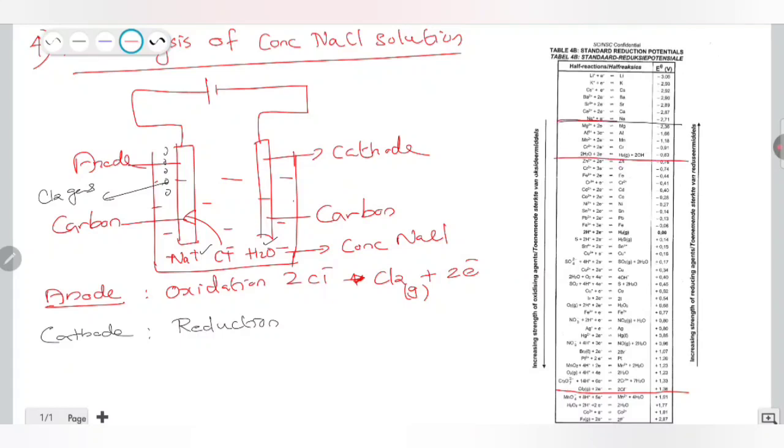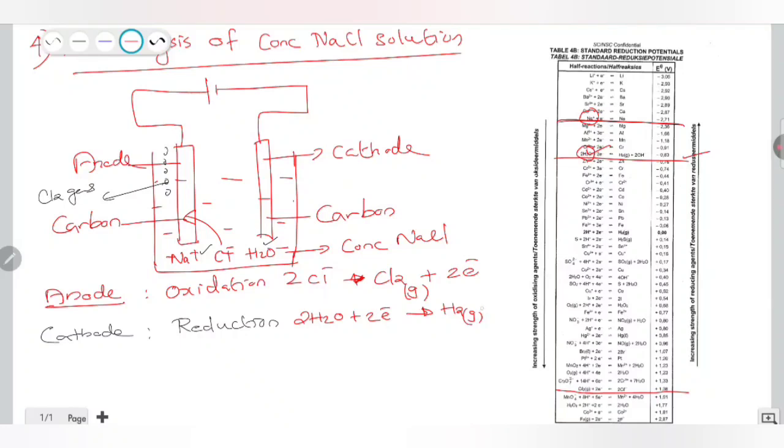When you compare Na+ and H2O, the first one is always undergoing oxidation and the second one is always undergoing reduction. So I can say H2O is a stronger oxidizing agent than Na+. So what will undergo reduction is H2O. So our cathode reaction is going to be this one. You write from left to right, which is 2H2O plus 2 electrons gives what?